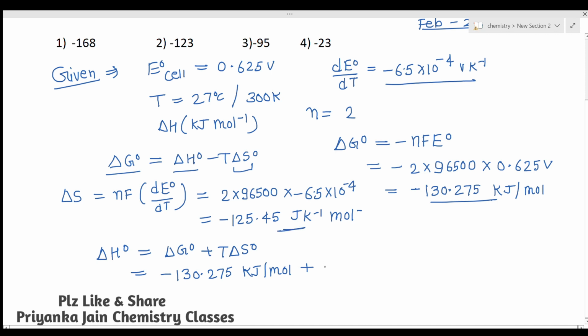Write down the temperature, 300, and then the value of delta S naught, that is minus 125.45 joules per Kelvin per mole.